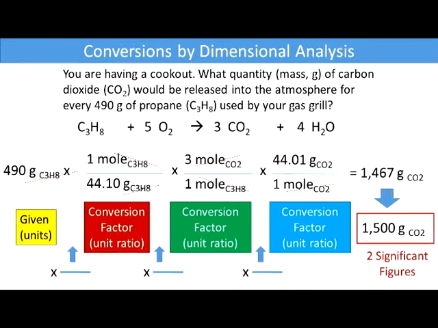So we would then take our given 490 grams, we would crossbar down to grams on the bottom, and in chemistry, we know that grams go to moles. We would then crossbar out the moles on the bottom and convert to moles of carbon dioxide from the propane moles, C3H8. We would then take the CO2 moles and crossbar down again to 1 mole of carbon dioxide.